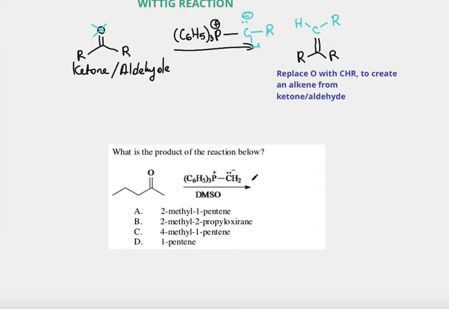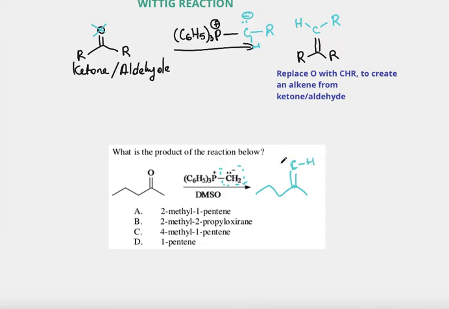The most important part is this part. And what I will do is what I wrote in my prototype. So I'm going to rewrite my molecule, and this carbon was the carbon that was connected to the double bond O. And I'm going to replace the double bond O here with the half of that Wittig reagent that does not have the phosphorus, so this half. So this is the carbon, and this carbon is actually just attached to 2 hydrogens, so that's all we will have to do.